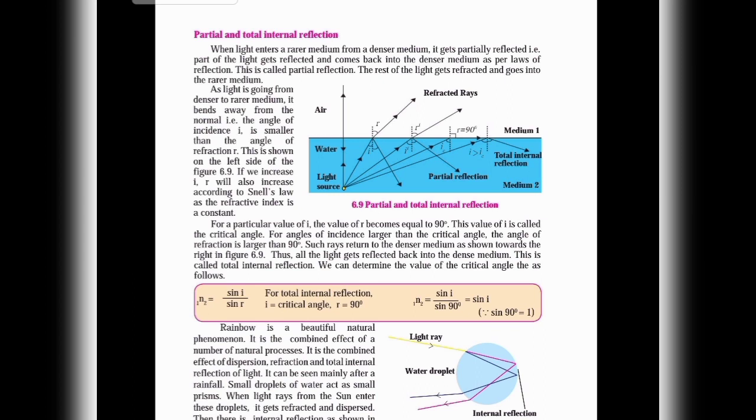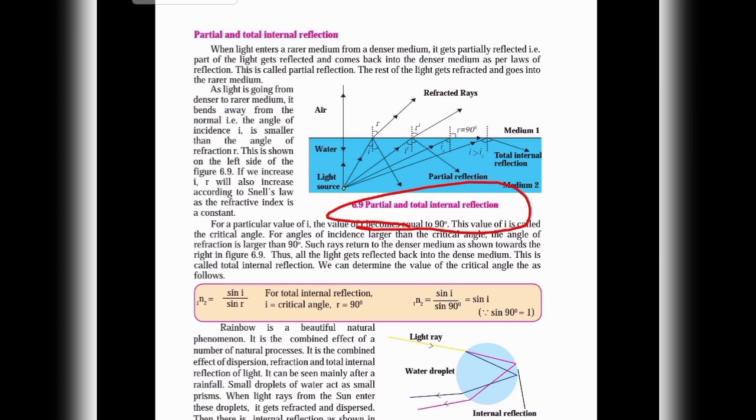Next, it is given that the rest of the light gets refracted and goes into the rarer medium. As light is going from denser to rarer medium, it bends away from the normal, that is, the angle of incidence i is smaller than the angle of refraction. This is shown on the left side of figure 6.9. When i is small, r is also small.